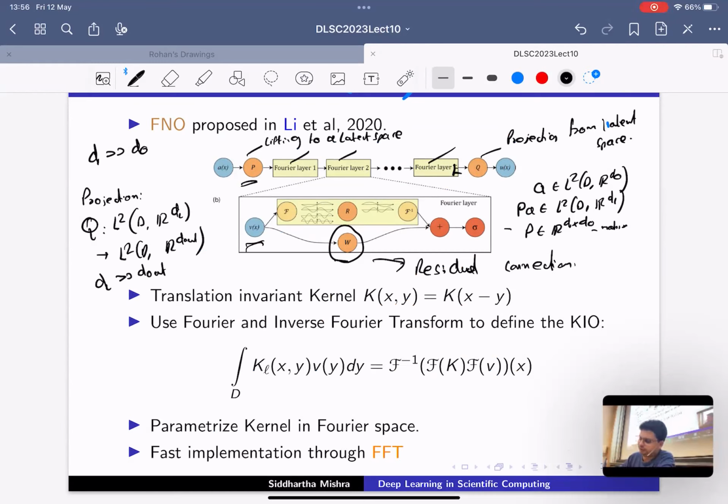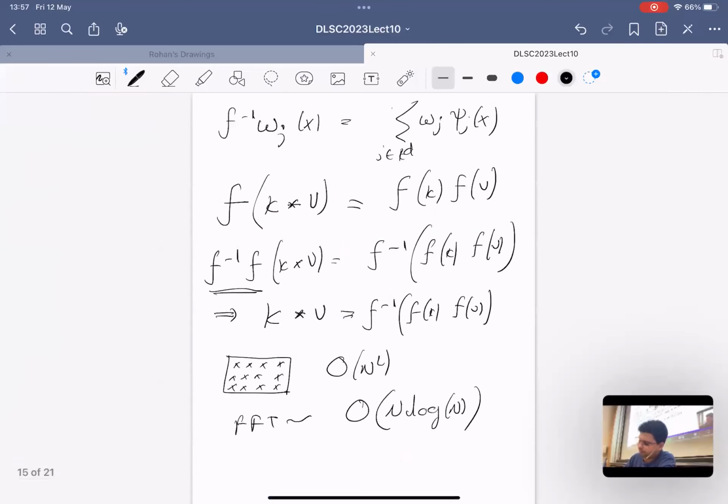So you start with the signal, you retain a part of it. How much you learn goes through this weight matrix. Again, it's a pointwise matrix, so it acts just like the projection and the lifting operators. And then some of it is passed on. And the rest, you take a Fourier transform. So your function, you convert it into the harmonics. You do the parameterization. Your kernel was in Fourier space. I forgot to say that.